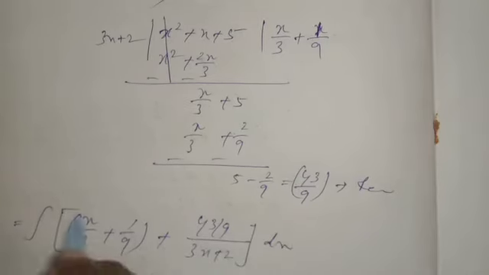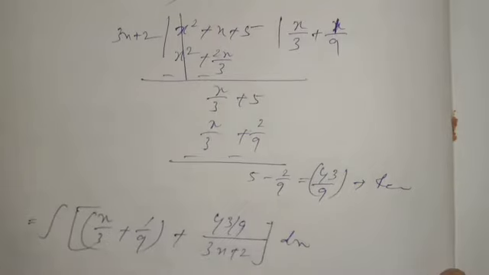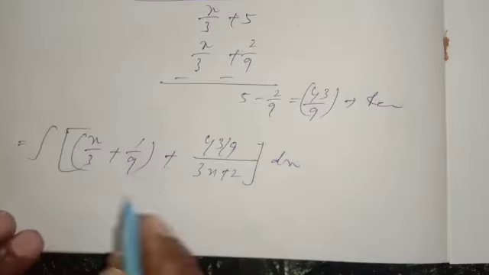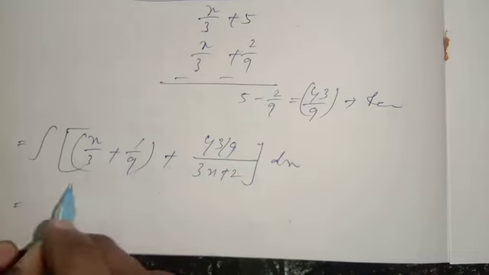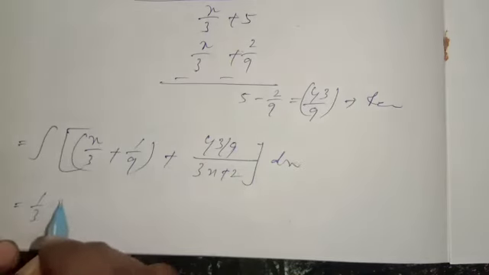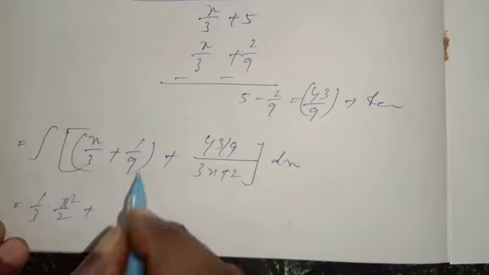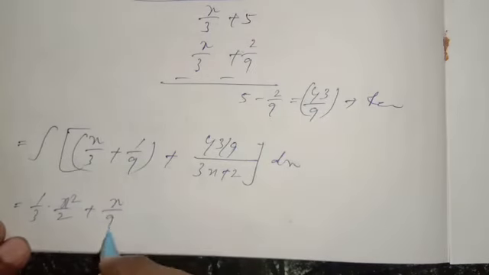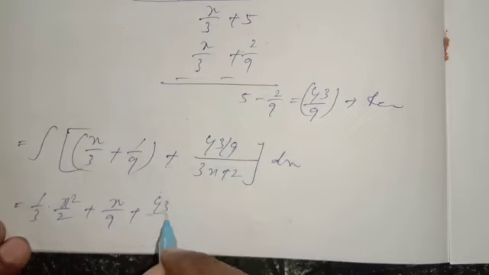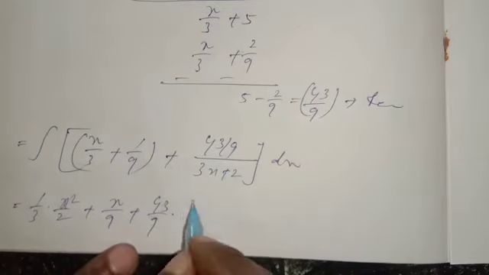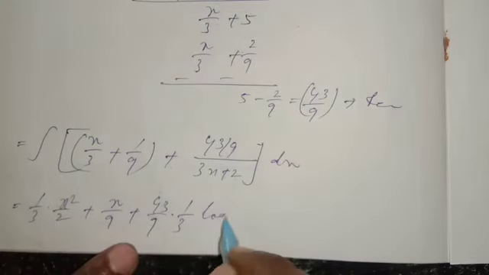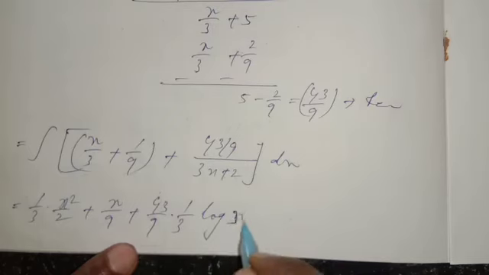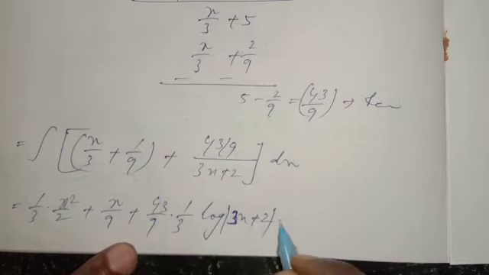This is the format. Now, x by 3 integration will be 1 by 3, x integration will be x square by 2, plus 1 by 9 dx means x by 9, plus 43 by 9, the coefficient, divided by 3, log of 3x plus 2 plus c.